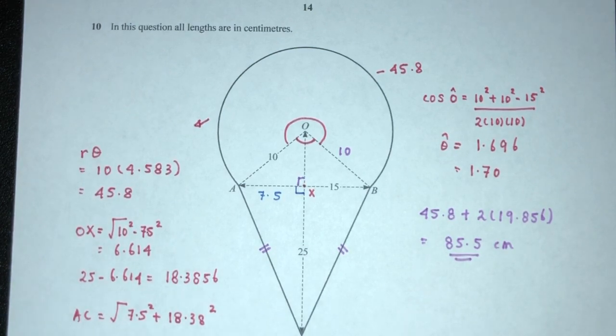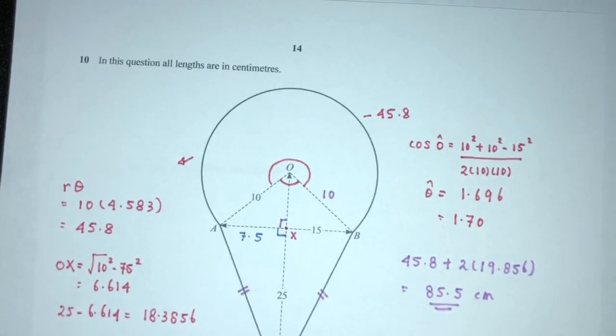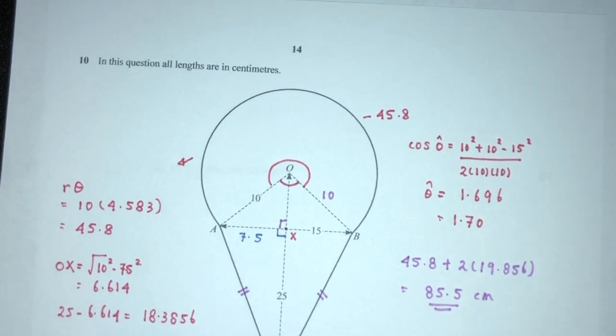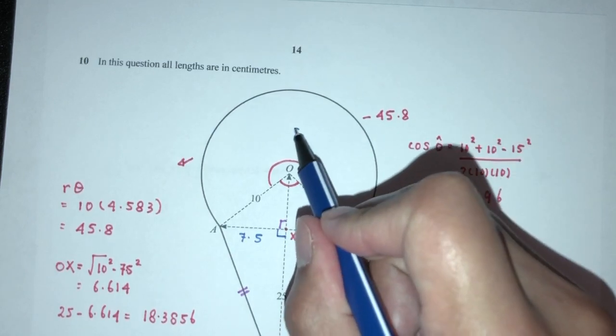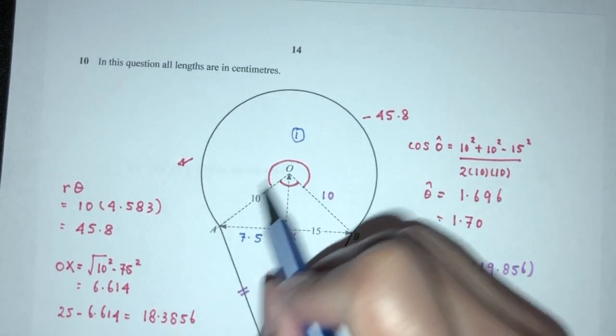Now in the end, we have to find the area of the shape. So area, how would you find the area? It is in 2 pieces, I guess, in 3 or 4 pieces. Let's check what we can do. We can first find the area of this triangle, and then multiply by 2, and then find the area of this one. So one by one. Let's first find the area of this sector here.